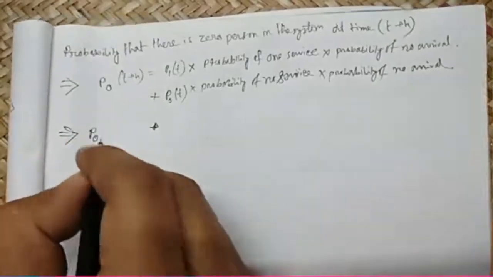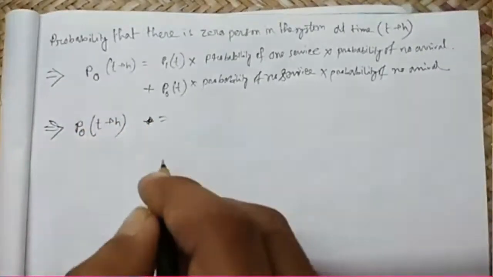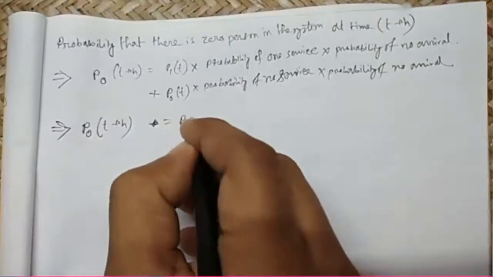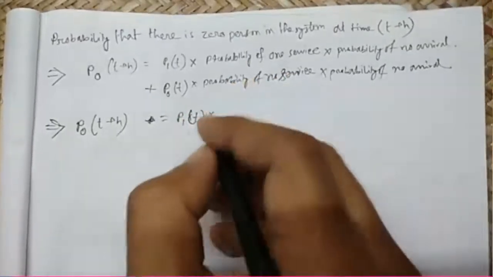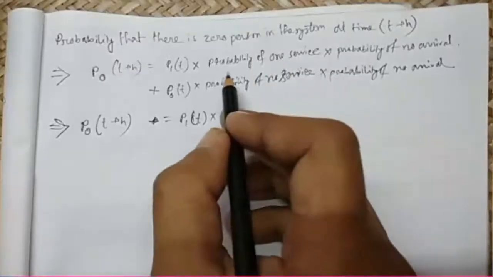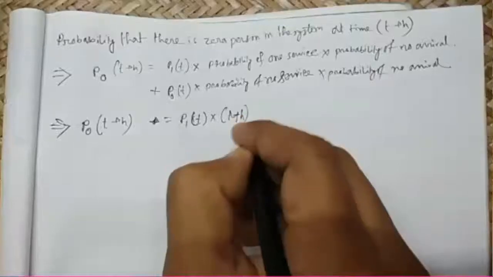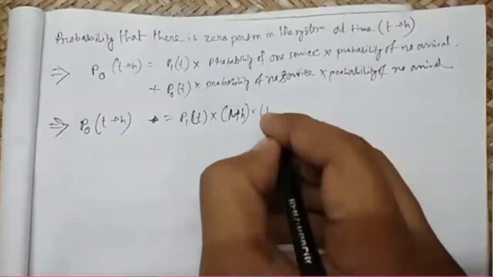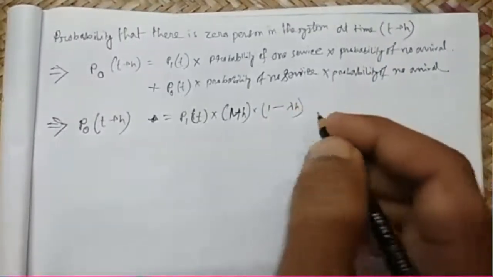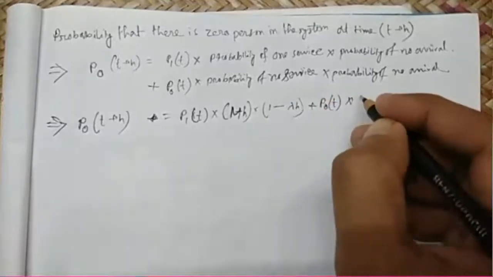So the probability of 0 persons in the system at time t plus h is given by, putting in the values, P1 at time t into the probability of one service, given by mu h, into the probability of no arrival, 1 minus lambda h, plus P0 at time t into the probability of no service.